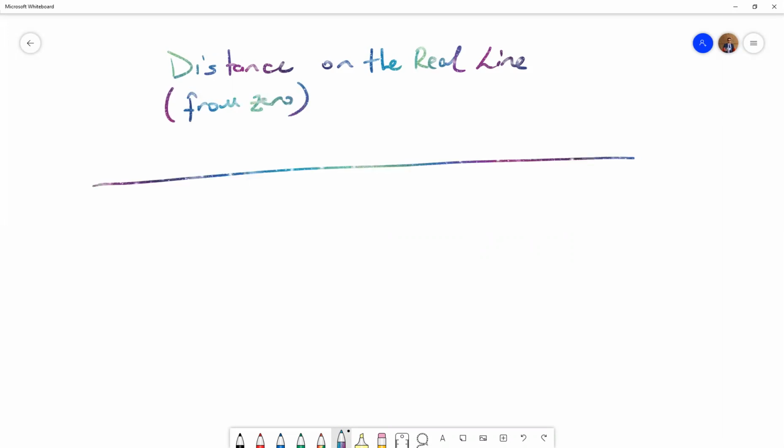Let's look at this one. This is the real line again, 0. And let's say A here, and here is minus A. And you can describe here, and you may see that here is the same as here. So these distances are equal.